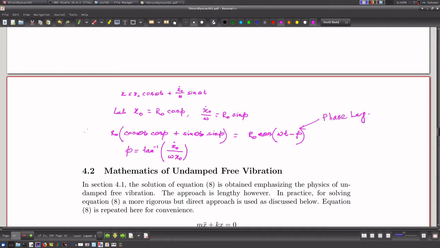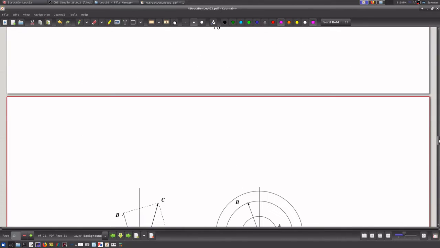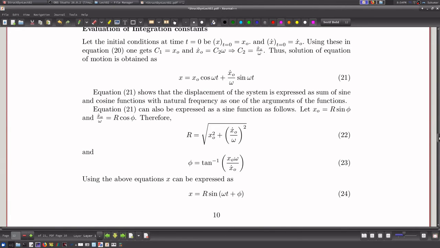Alright, so this is how we get the sine or cosine term both. I can express any harmonic quantity as a single harmonic quantity with some phase lead or phase lag with the original harmonic quantity.